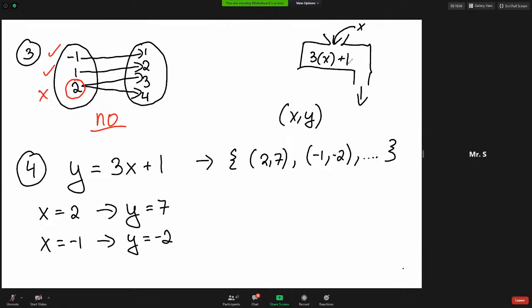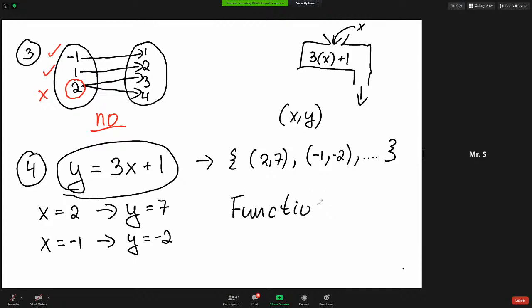So for every unique value that I put in as an input, there's going to be a unique output. I cannot get two different outputs from this machine, the way that it's set up, from this 3x plus 1. So this equation represents a function.